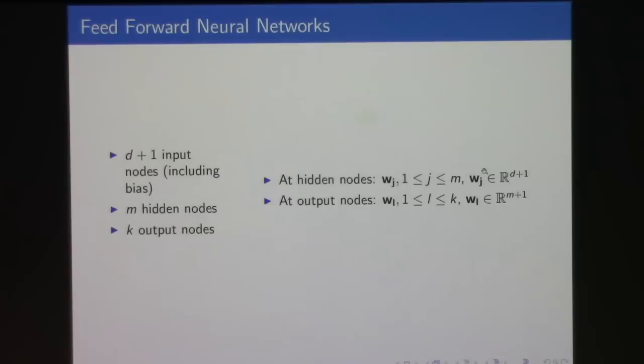These are the things that we need to learn. We need to learn all of these vectors: wj's, where j goes from 1 through m, and wl's, where l goes from 1 through k. These are our parameters. In the case of perceptron, if you remember, we just had one weight vector. Now we have lots of weight vectors.